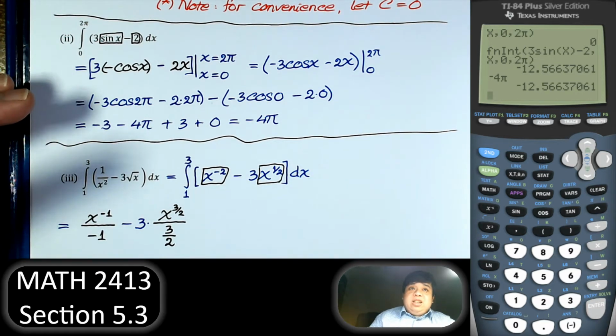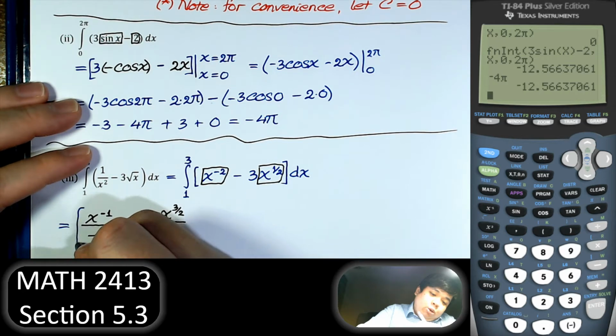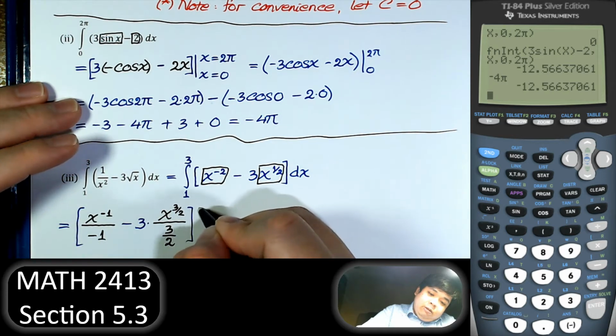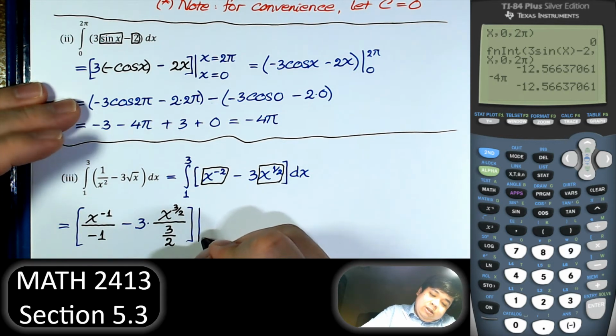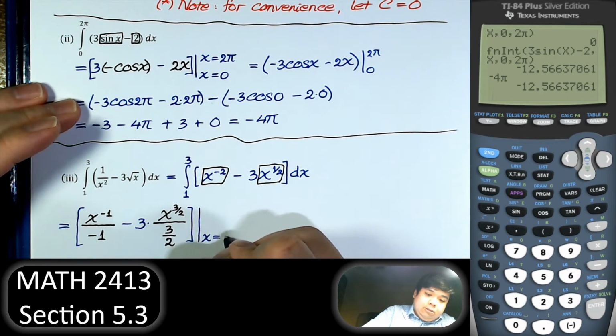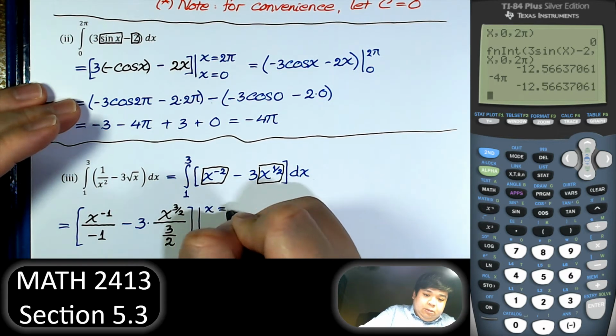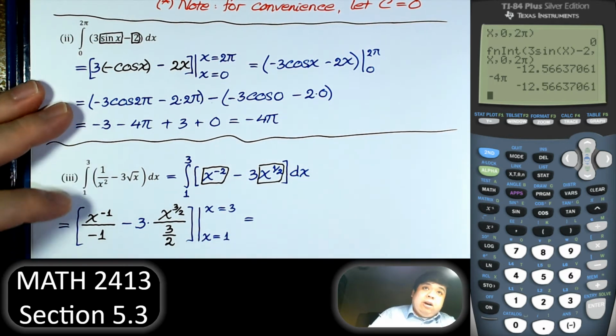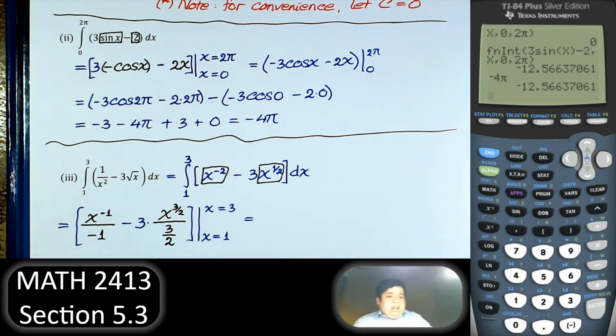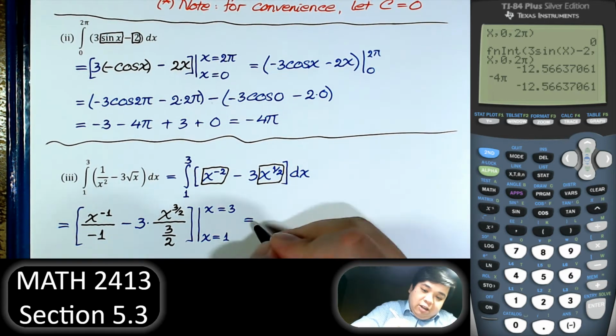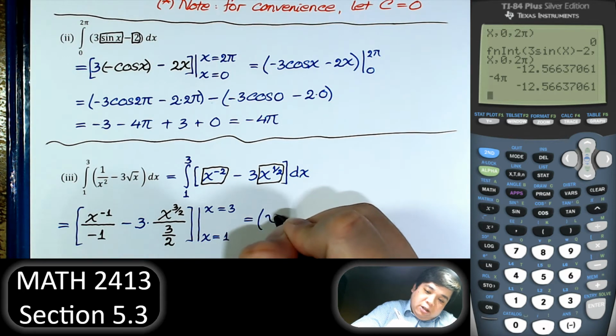And then the constant c we let equal to 0. So we will evaluate this from 1 to 3. Now, dividing by negative 1 is going to be negative, so the first one is not going to be much.